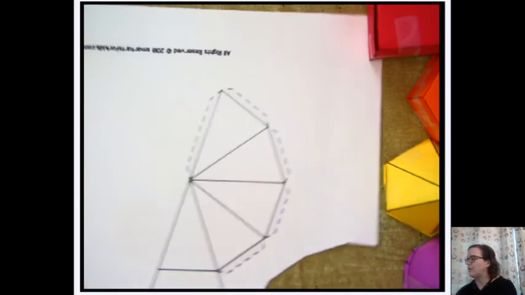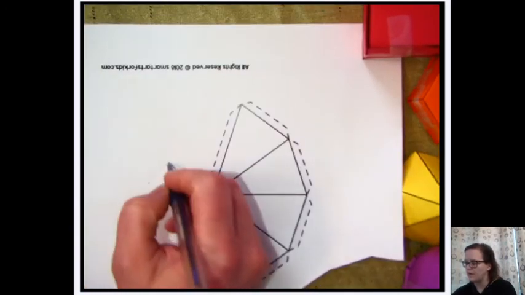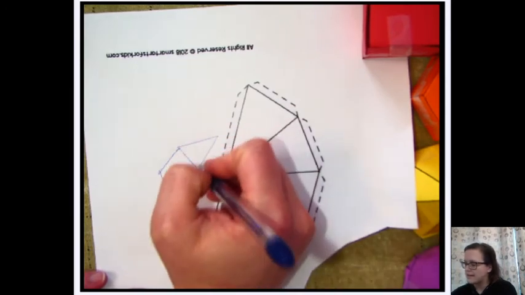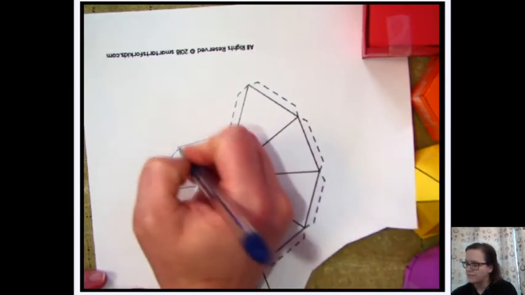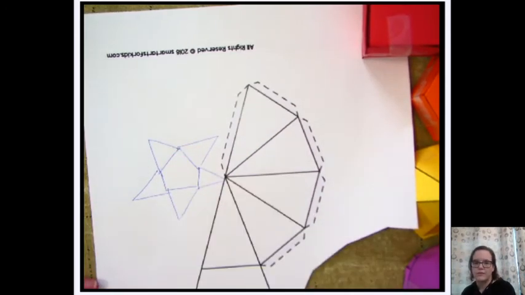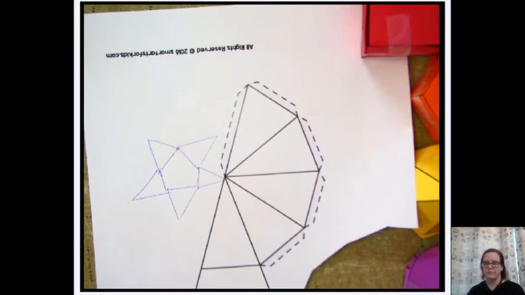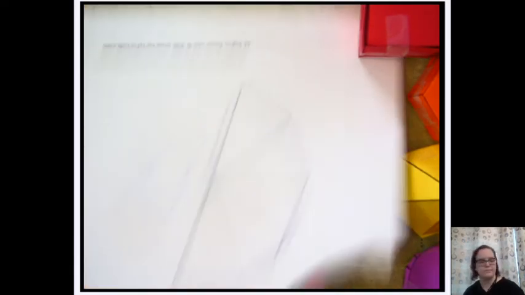Okay, we could have, I will make note of that. Okay. We could have a pentagon like that, and then triangles right here. Okay. And that would also be a pentagonal pyramid. So when they have stars, it looks like a star. That would be a pyramid. Okay. So pyramids could be drawn differently.